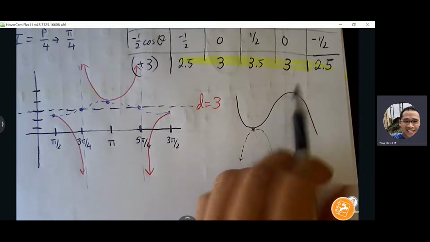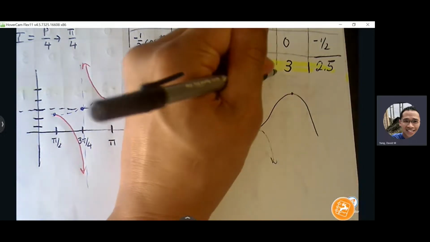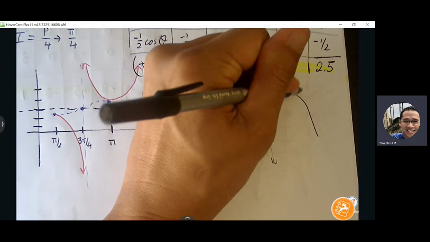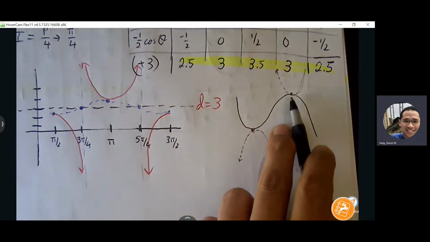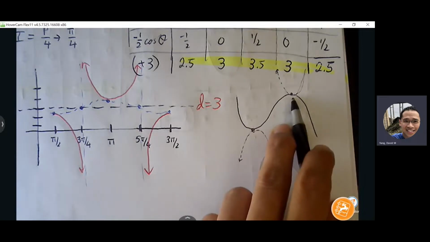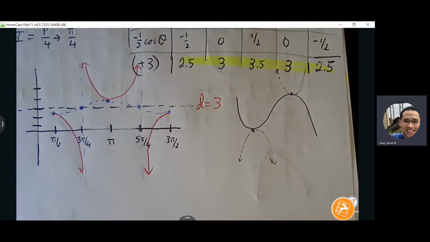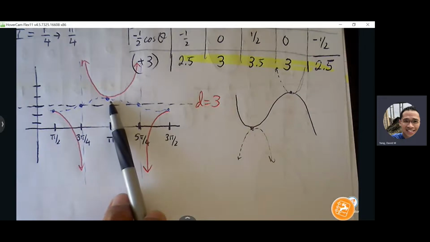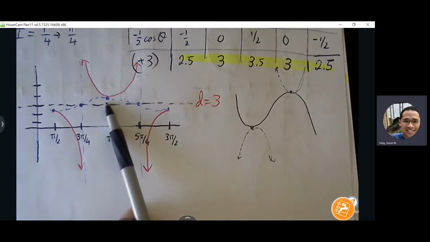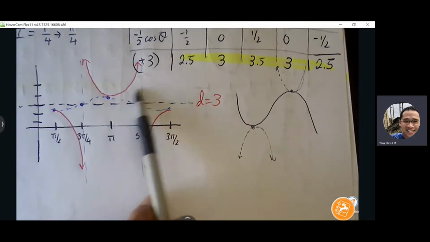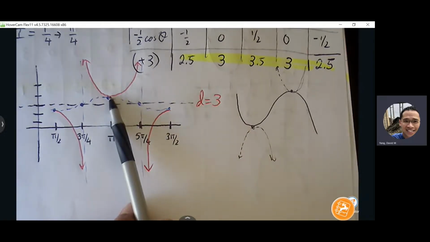If I see a peak for my cosine graph, then I'm going to create a secant or cosecant graph that bounces off of the peak. So you're always going to have these parabolic shapes meet. And if there's a maximum for a cosine, then you're going to create a minimum for your secant.